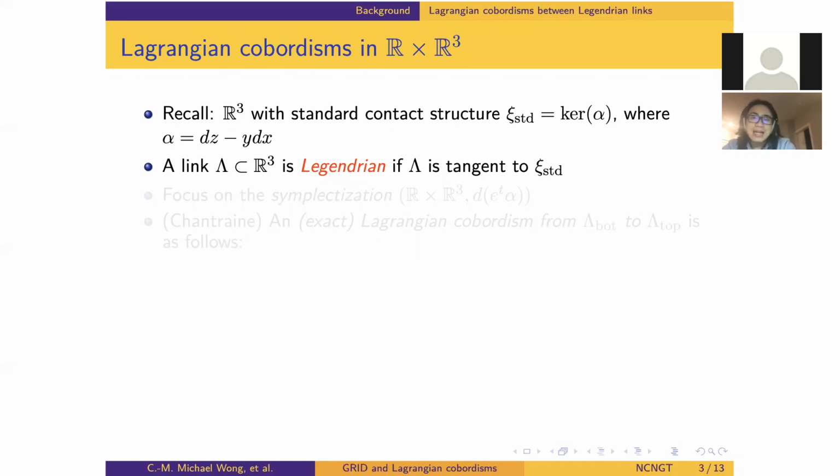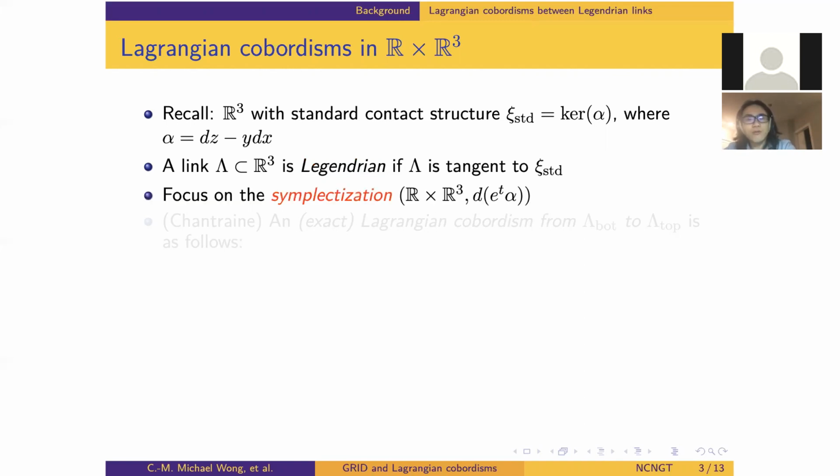And the link in R^3, which we'll be calling lambda for Legendrian, is Legendrian if lambda is tangent to the contact structure. So in particular, it lies in the kernel of alpha. It satisfies dz minus y dx equals 0, which is where the rules for the front diagrams come from.